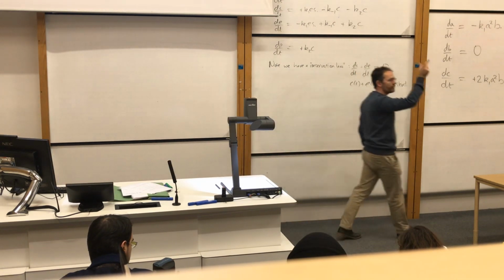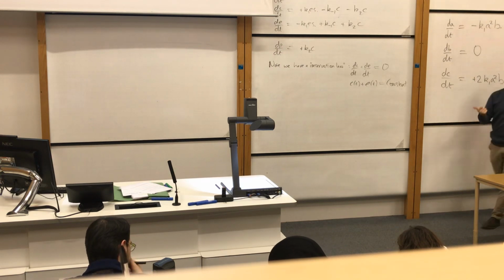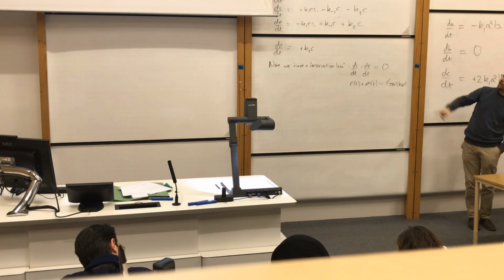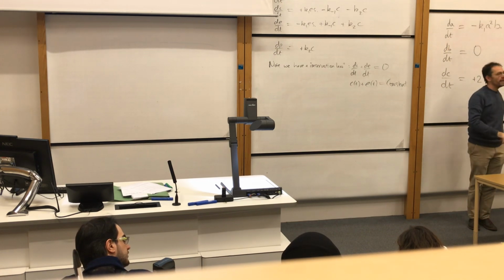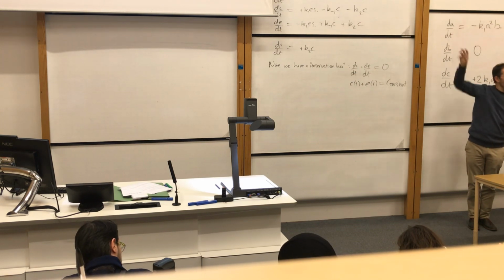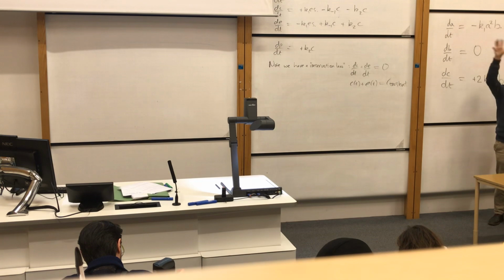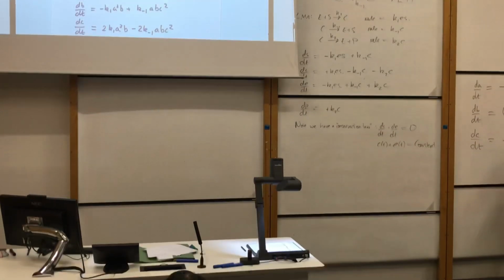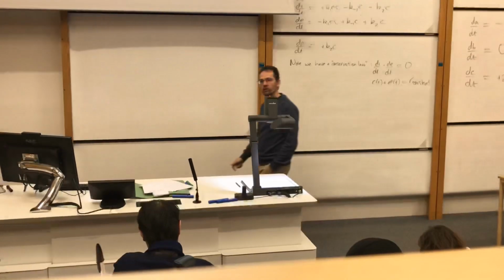And that makes sense for this reaction because, as I said earlier, enzyme is never used up. We start with enzyme and substrate. It links together with the substrate to form the complex, but it's still there. It's in this complex, which is the enzyme added together with the substrate. And then the complex releases the enzyme and creates the product in the process. So C of t plus E of t is a constant.